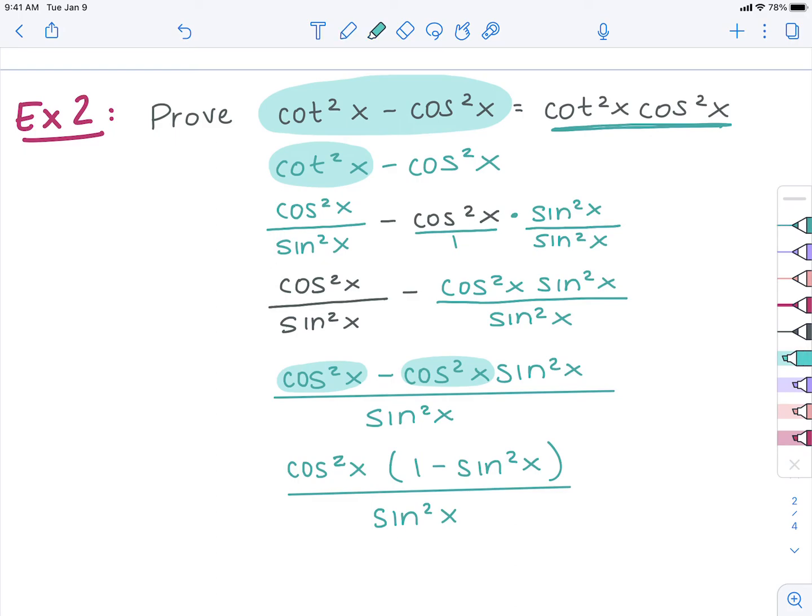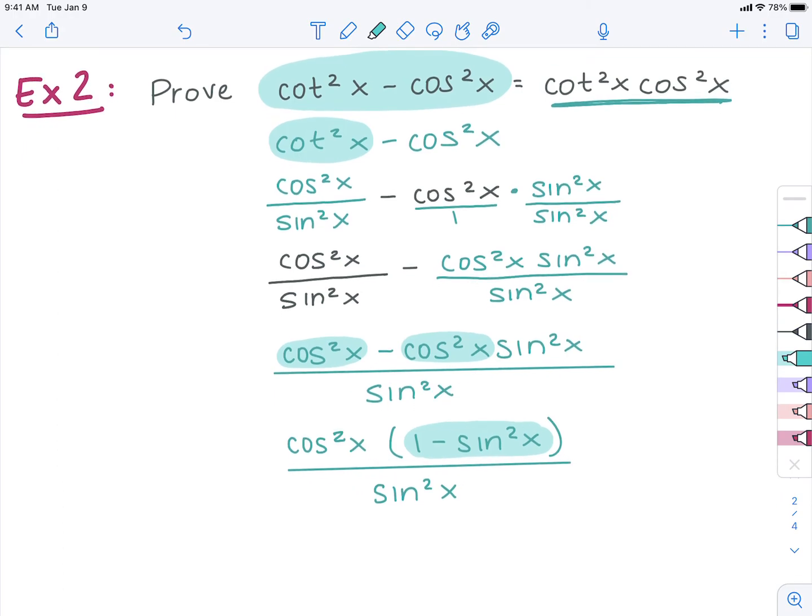Then I notice 1 minus sine squared is the same thing as cosine squared, so I can keep my cosine squared x, but I'm going to change my parentheses to be cosine squared x, because 1 minus sine squared is cosine squared.